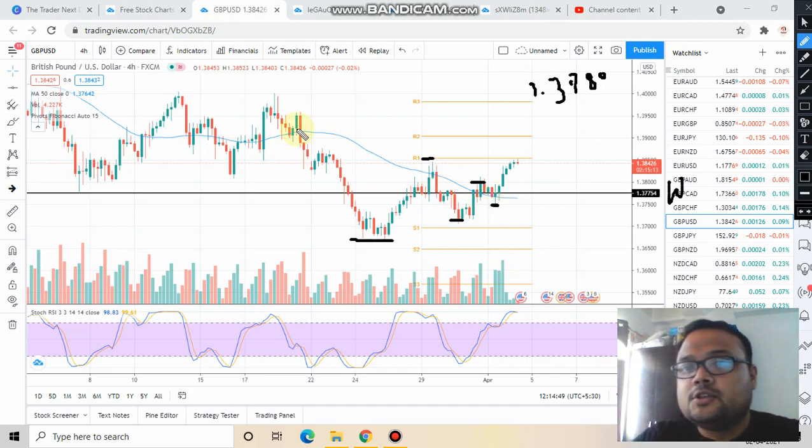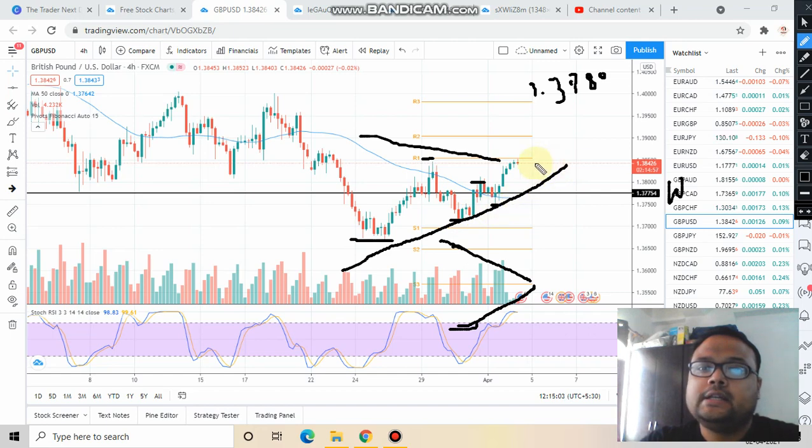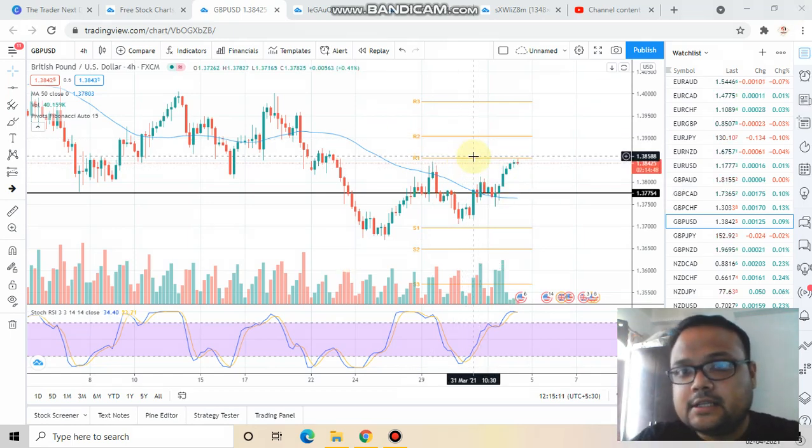So what I'm trying to tell is that market is squeezing. Market is squeezing like this. Can you see that? Am I clear till here? So you can see the market is squeezing.